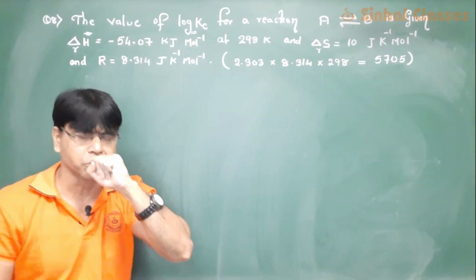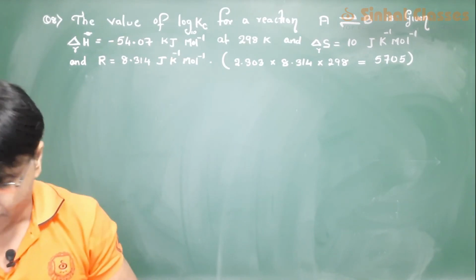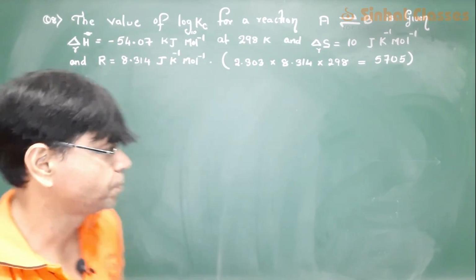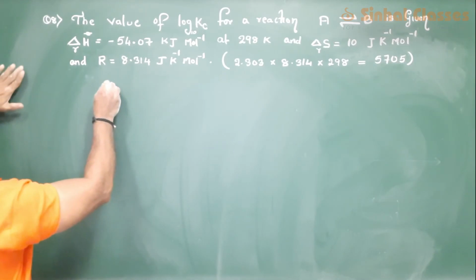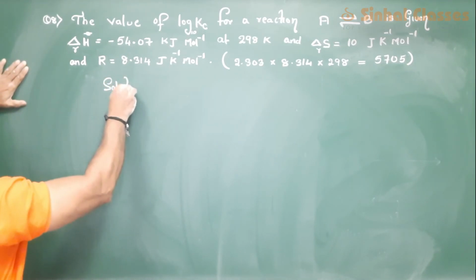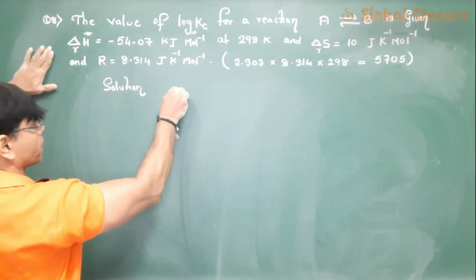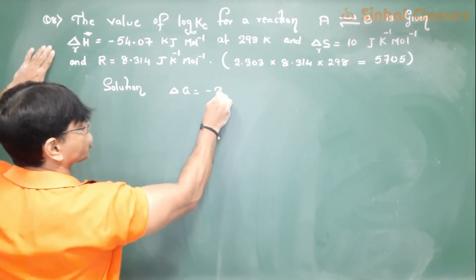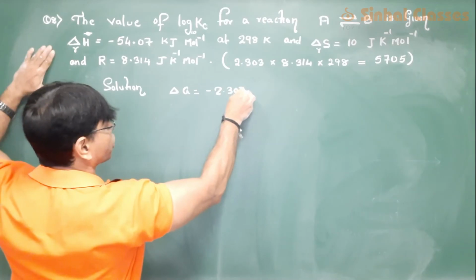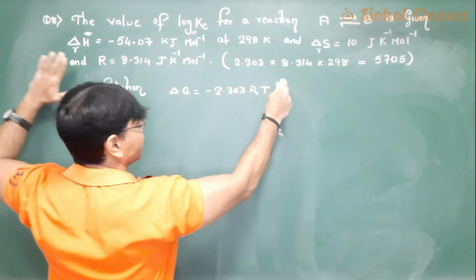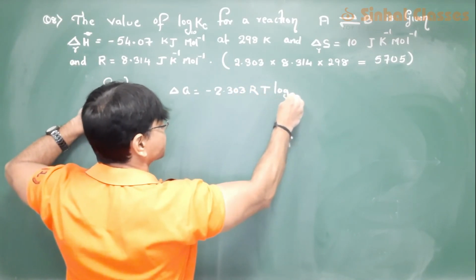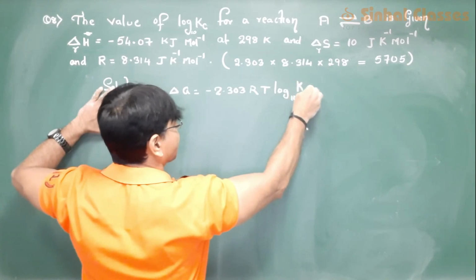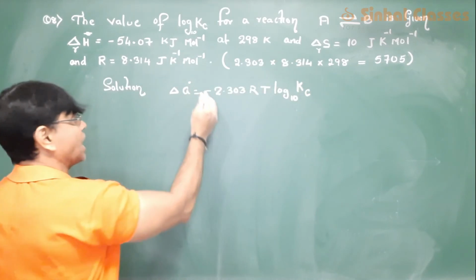Now how will you find this? For that we already know that delta G is equal to minus 2.303 RT log to the base 10 of Kc at equilibrium.